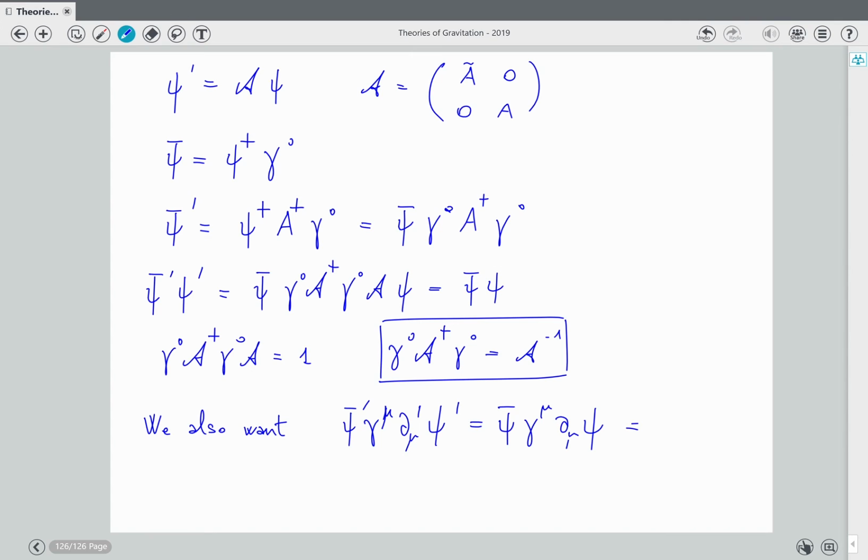So that is equal to what? Psi bar prime is what we have. Psi bar prime can be written as psi bar. Using this formula, psi bar prime is just psi bar A minus 1, because A minus 1 is that.